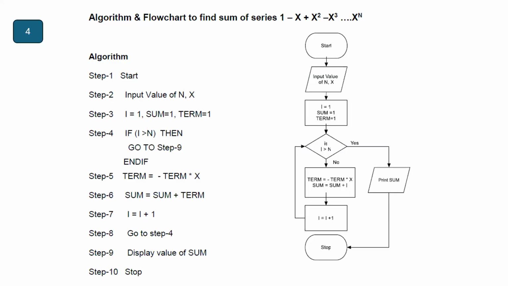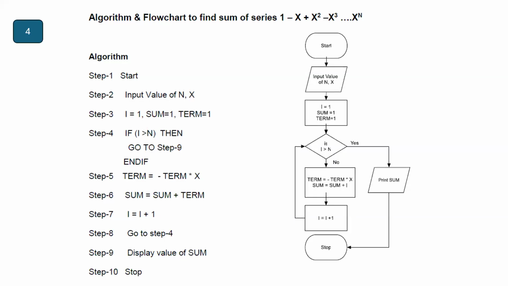In here, sum has an initial value, and I'm defining term. So what is term? Term will be this one, will be this one, will be this one. Okay? So we are carrying the sign at the same time while we are defining our term.